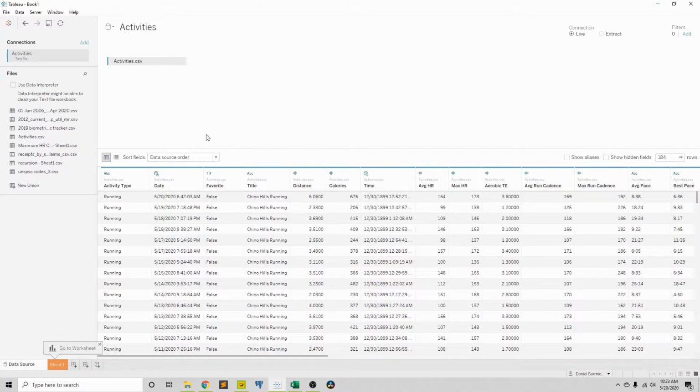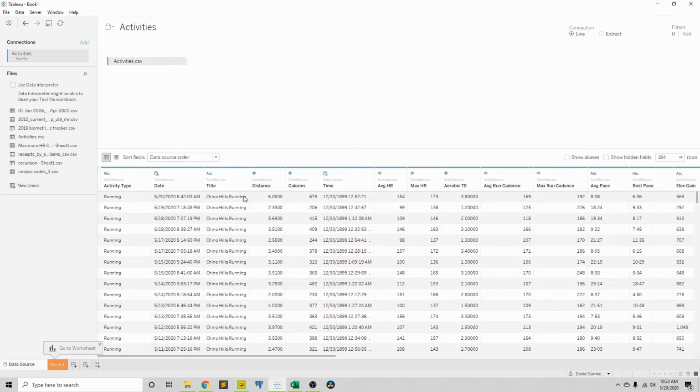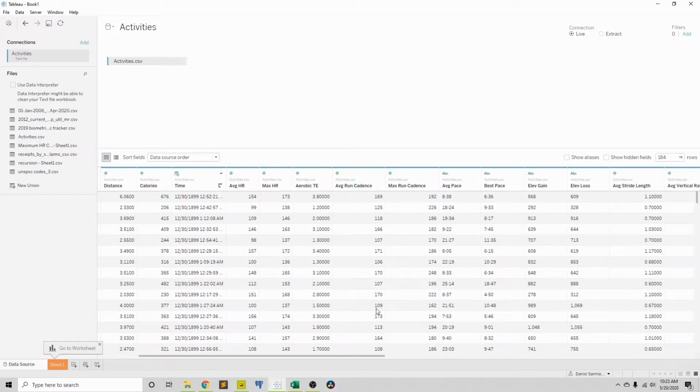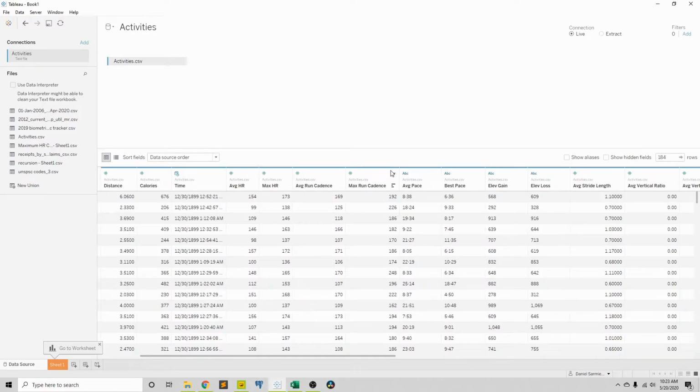I'm going to be opening up this activities file, and the first thing I want to do is clean up the data. There's stuff that I don't need inside of here because it's only going to distract me when I'm trying to configure everything over here. So I'm not going to be working with this aerobic TE.